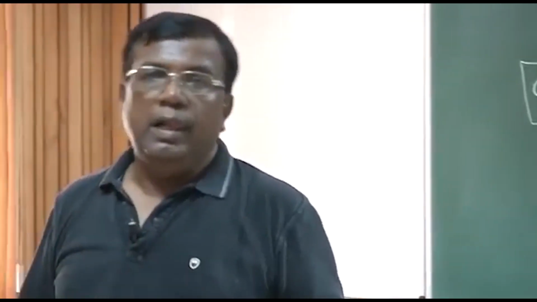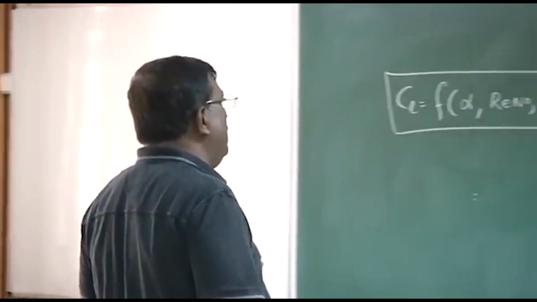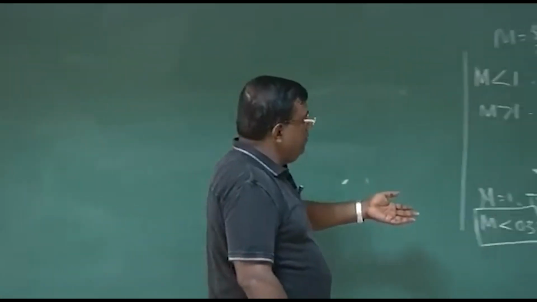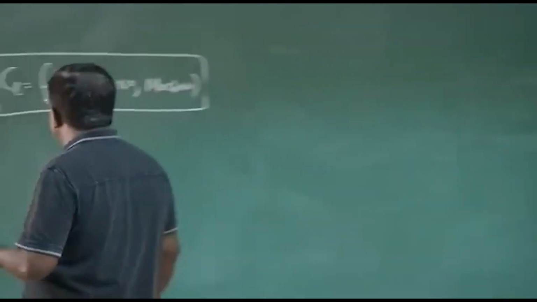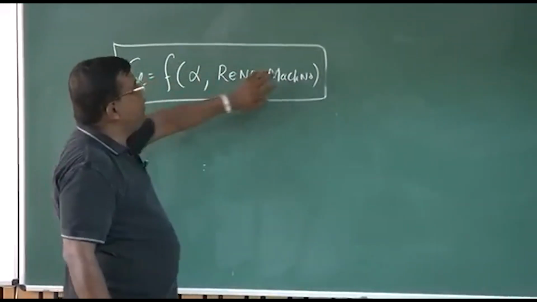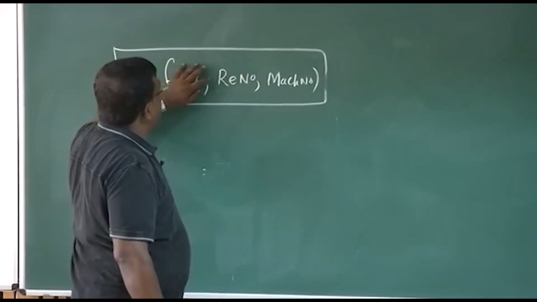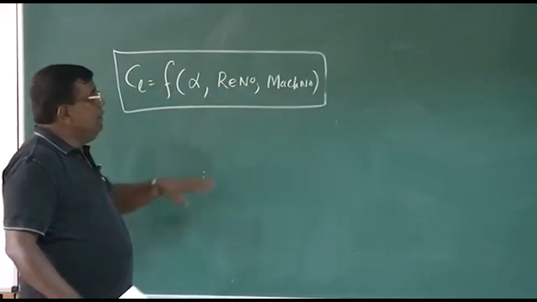First identify the speed regime and which one is important, Reynolds number or Mach number. As we are doing here, for Mach number less than 0.3, it is incompressible. So if I want to model CL, I will not give weightage to this. I will know that CL will be a function of alpha and Reynolds number. That is important, right?